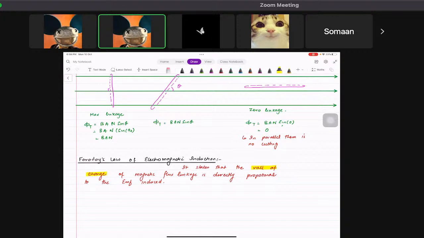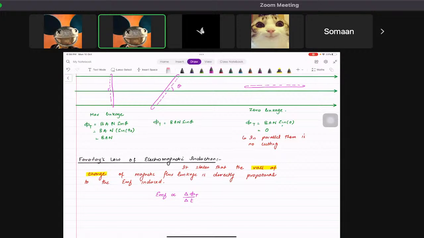So from the definition perspective, it can be written as EMF is proportional to the rate. Rate basically means that you're dividing the change in flux over time. Is it clear, everybody?